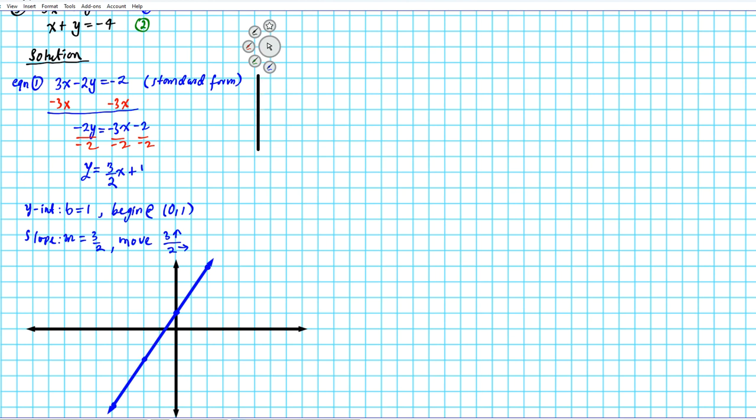For equation 2, we have x plus y equals negative 4. This is the standard form.